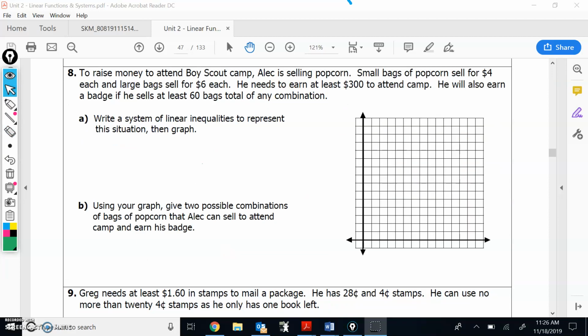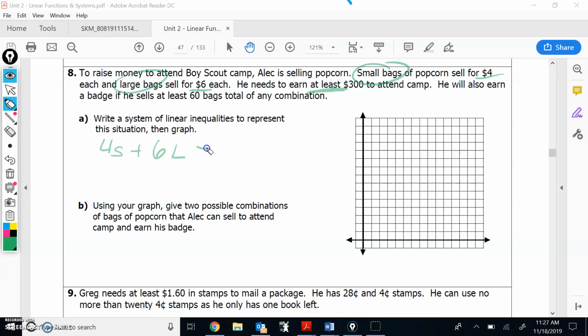Now a word problem: setting up the system of inequalities, graphing, and then finding the shaded region. So number 8, to raise money to attend a Boy Scout camp, Alec is selling popcorn. Small bags sell for $4 each, and large bags are $6 each. You need to earn at least 300. So we got 4 small bags plus $6 for a large bag.